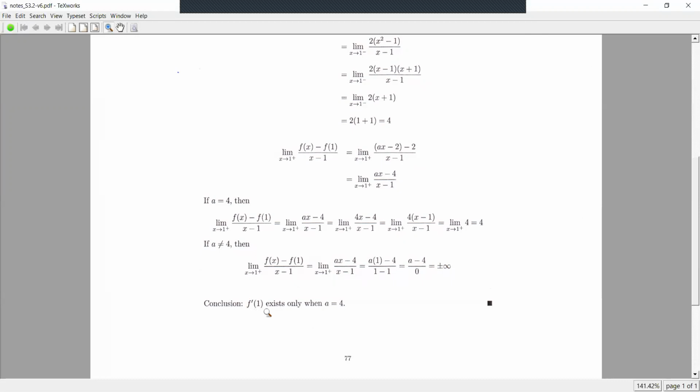When a is not equal to 4, the left-hand side limit is 4 and the right-hand side limit is infinity. They are different. So in the case when a is not equal to 4, the derivative at 1 doesn't exist.